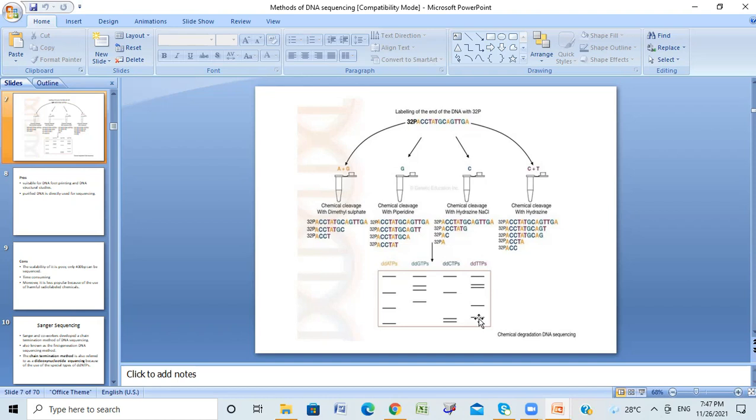Even though you have the C plus T well, since you are having the C in the C alone well, this is C. So this is how you read it. Understood now?